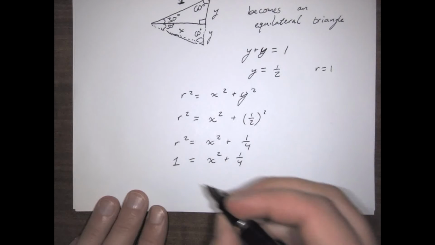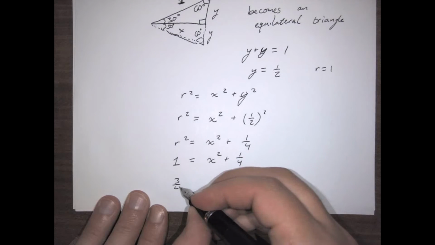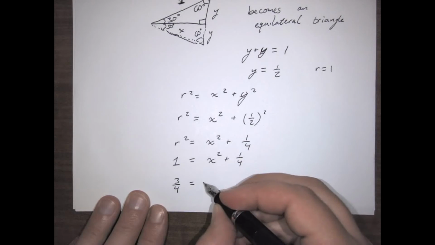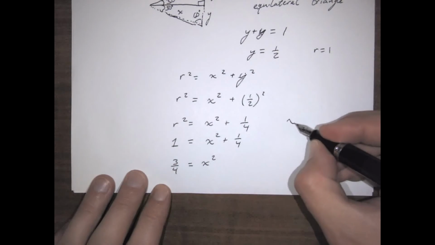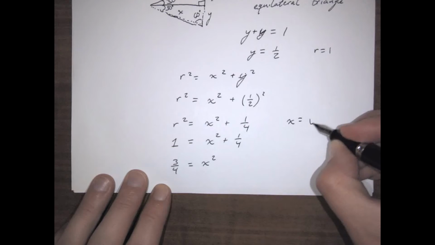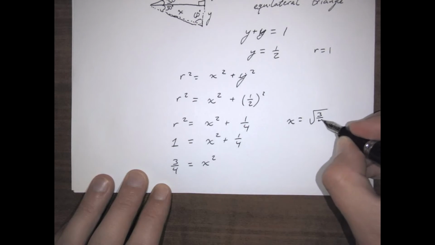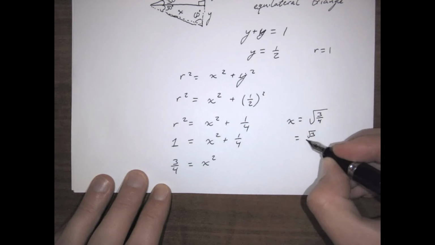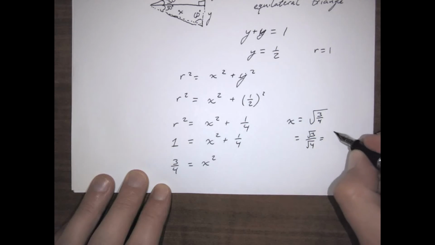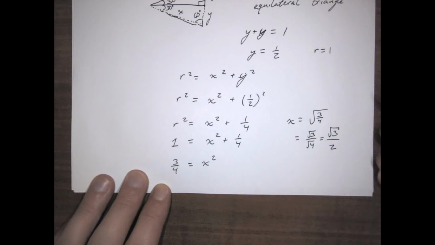Subtract 1/4 from both sides. That's 3/4 equals x squared. Take the square root of both sides, and that gives us x equals the square root of 3/4, which we can break up into square root of 3 over square root of 4, which is root 3 over 2.